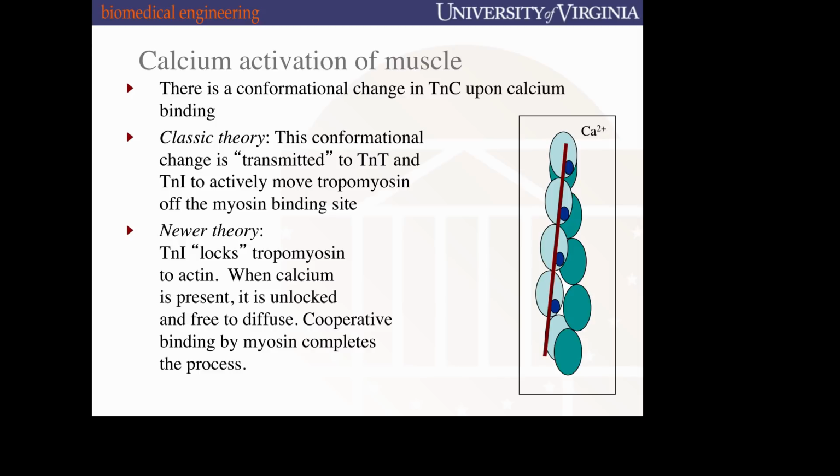And in doing so, it avails the myosin binding domain, right? So it provides an enhancement in the capacity or ability for myosin to recognize and to see that site. And then cooperative binding by myosin then completes the process by stabilizing the dissociation of tropomyosin away from the myosin binding site. So you can think about it like this. It's wobbling around, myosin binds, and then it stabilizes that displacement.